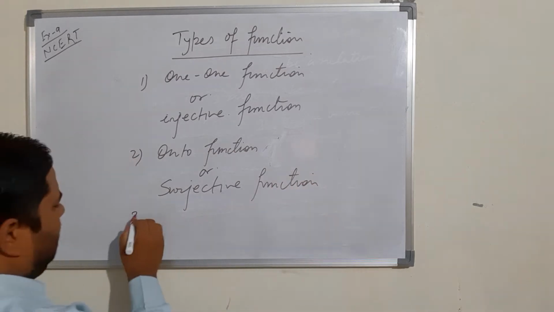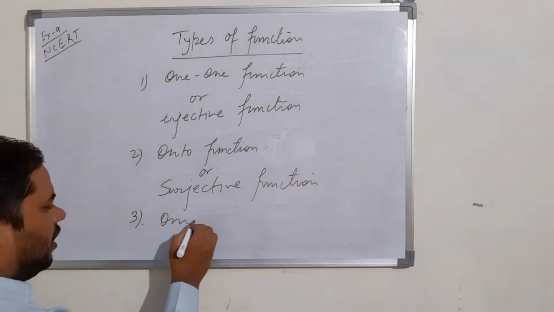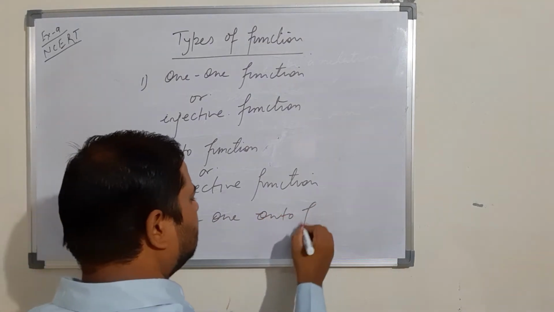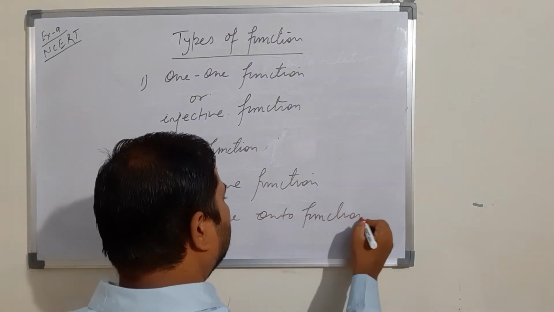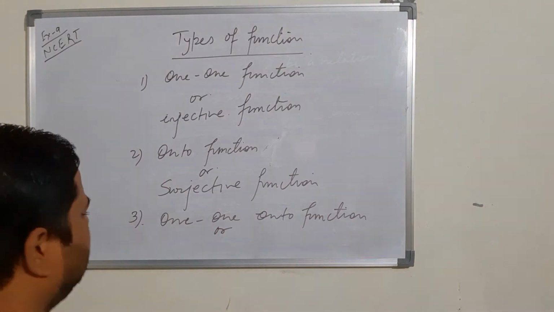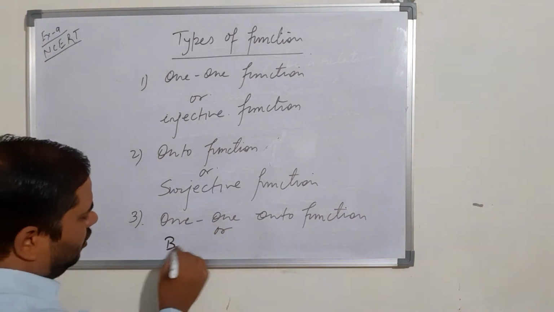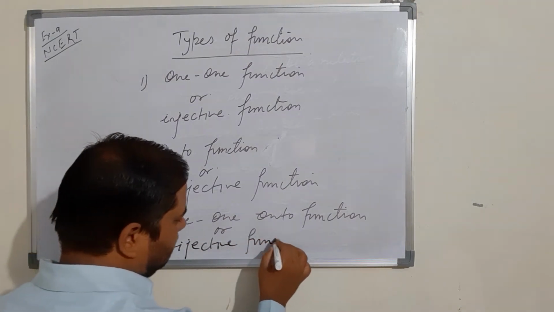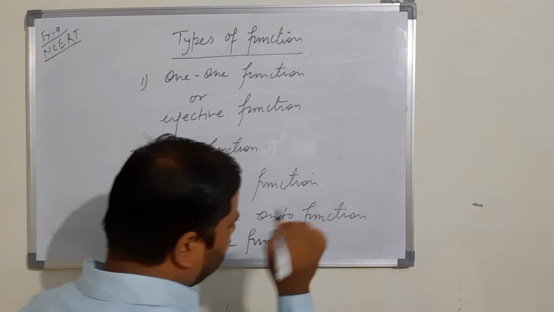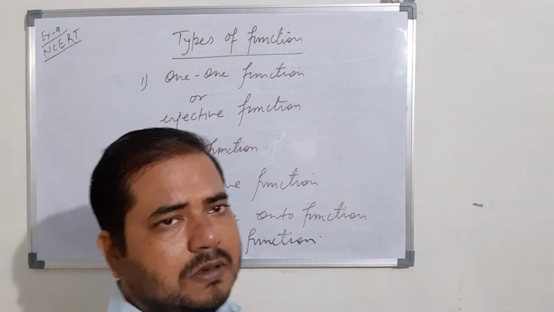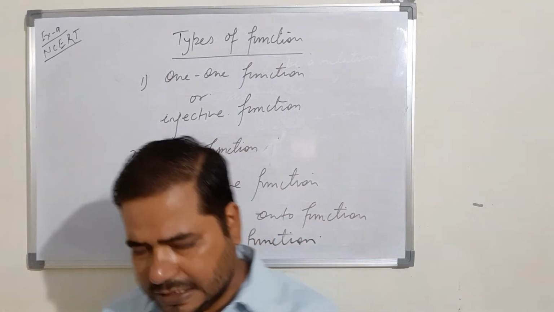And the third one is one-one onto function or bijective function. So mainly we have to discuss these three types of function. First one is one-one function.